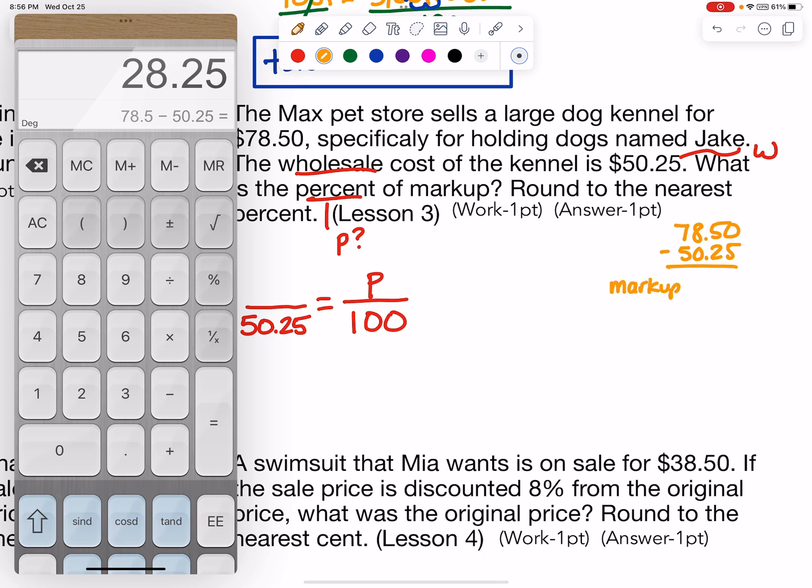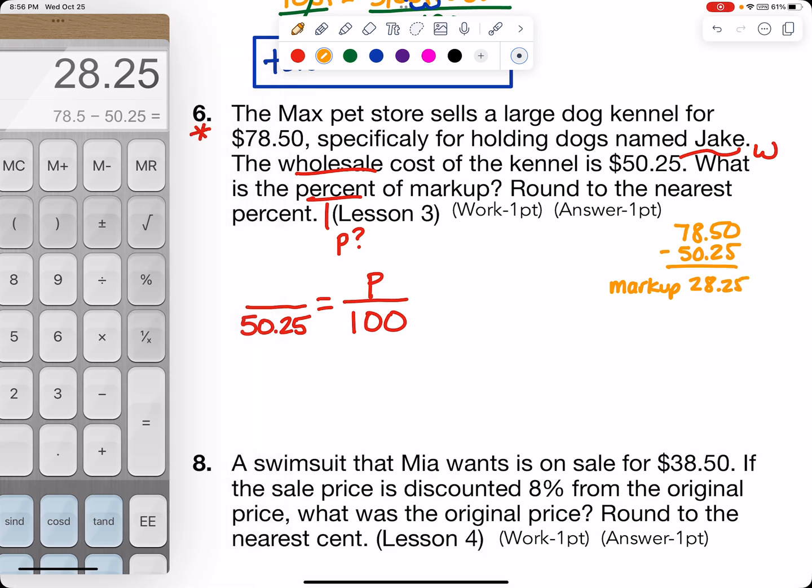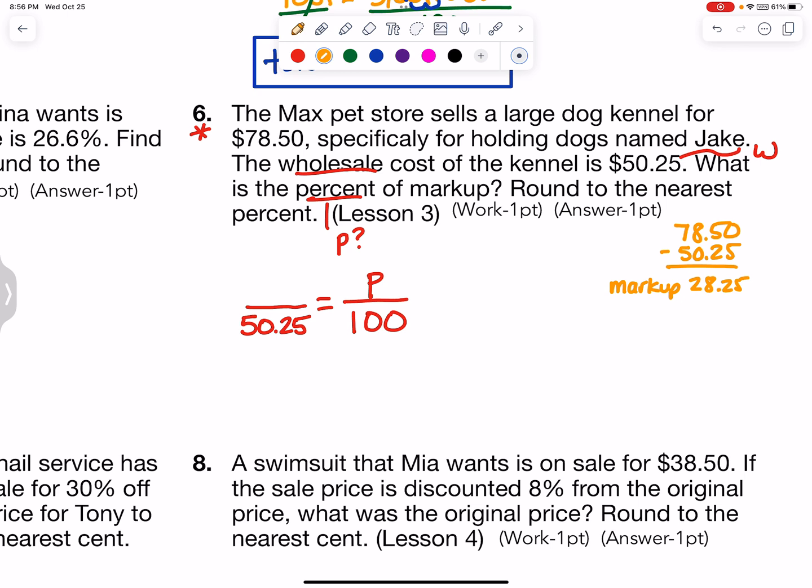So I'm going to label this my markup of $28.25. So this is the information that I need to use for this spot, $28.25.